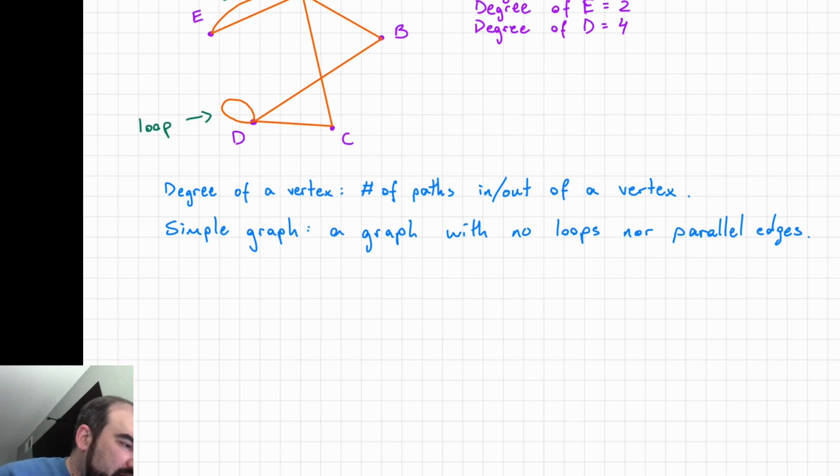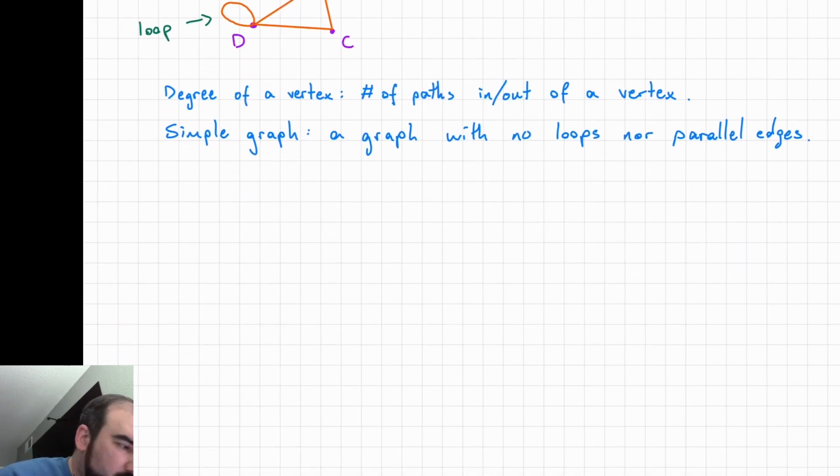Next, we're going to define what an Euler circuit is. It's written like Euler, but it's pronounced Euler. Circuit.